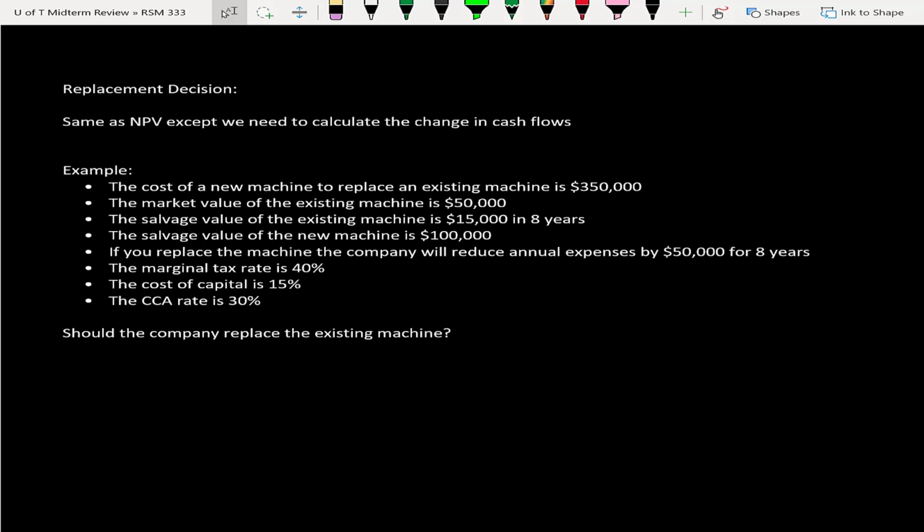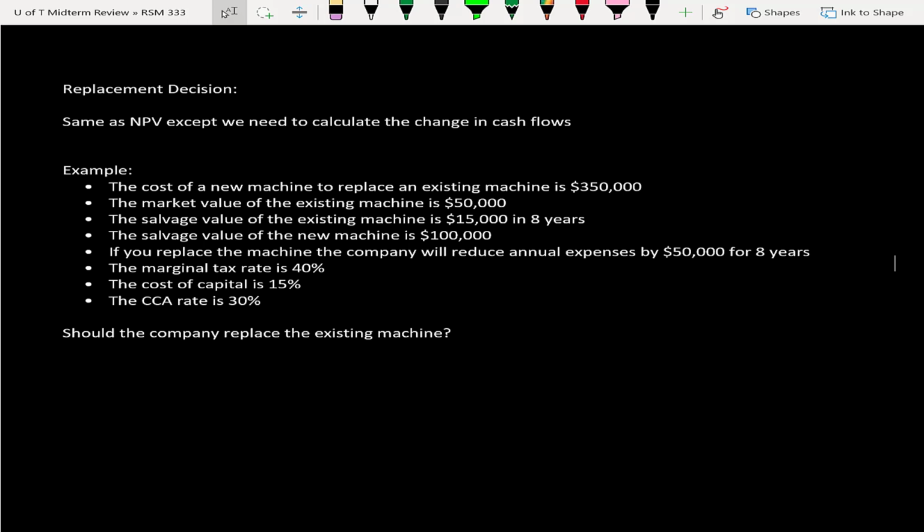So let's look at one of the examples. It says that we're looking at replacing a machine. The cost of the new machine to replace the existing machine is $350,000. The market value of the existing machine is $50,000.